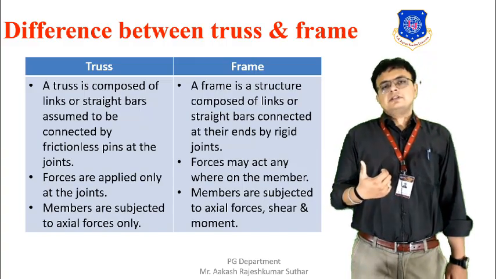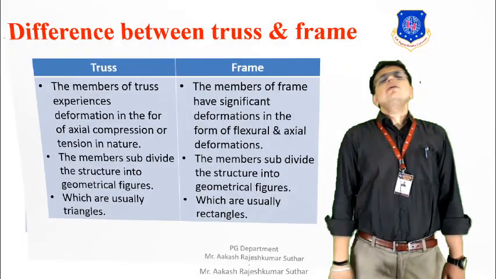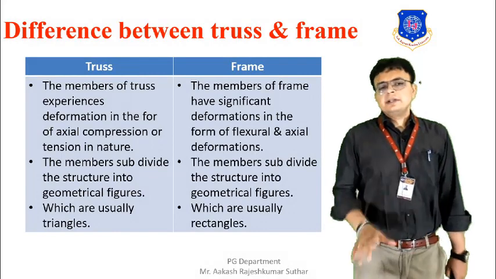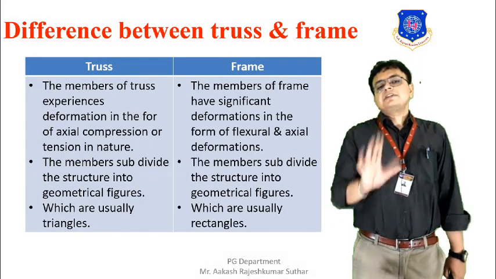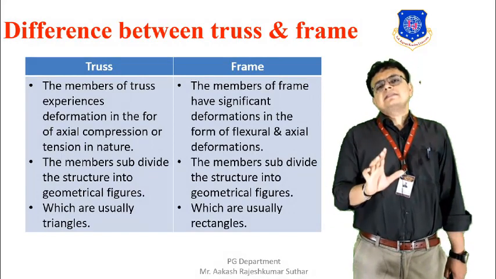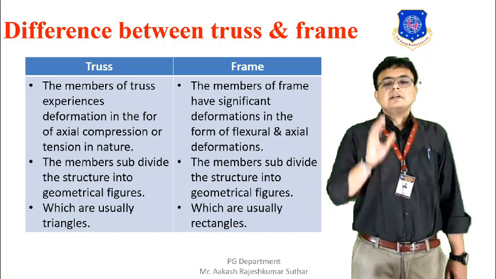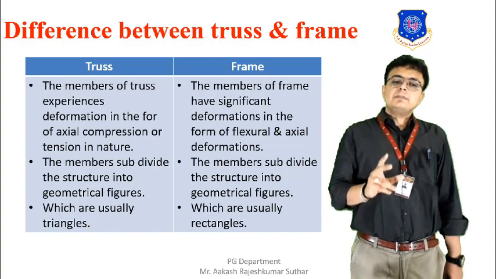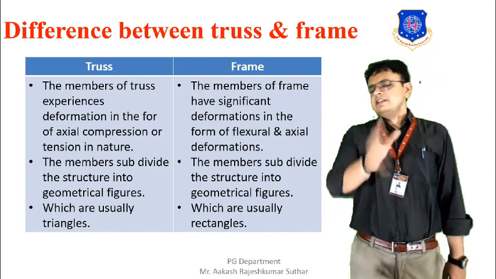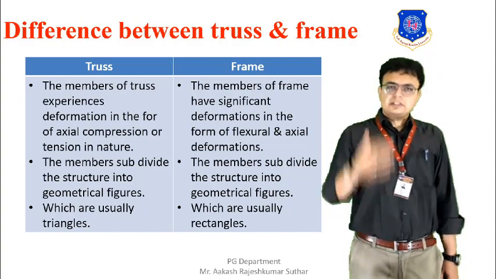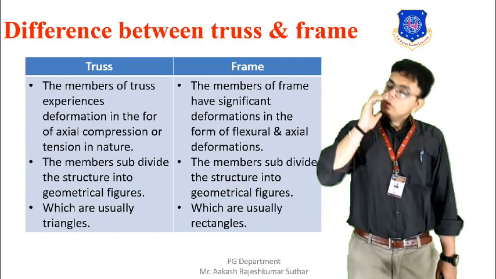So yes, these are the differences. Talking about further differences between the truss and the frame, physically, all the members in the truss experience deformation in axial compression or tension only. Deformation will be because of the tensile force or the compressive force only.